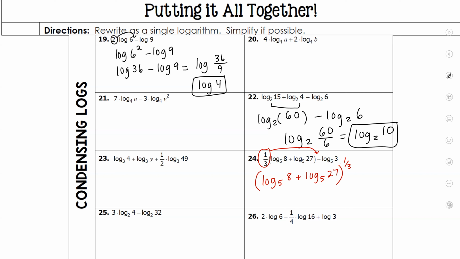Now, this third power will go to each of these. So I'm going to say log base 5 of 8 to the 1/3 plus log base 5 of 27 to the 1/3.